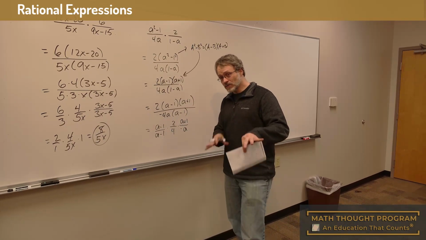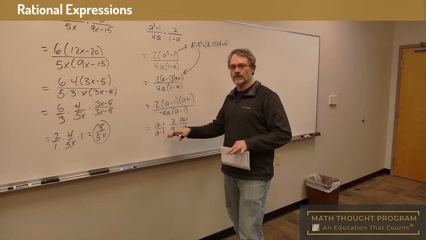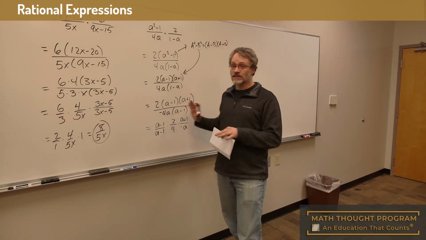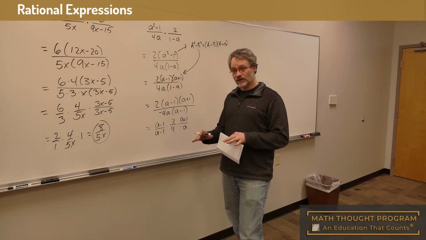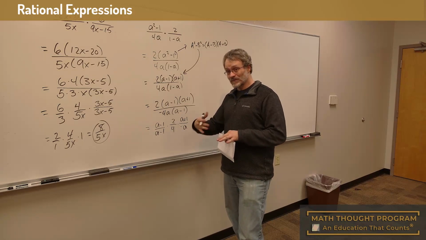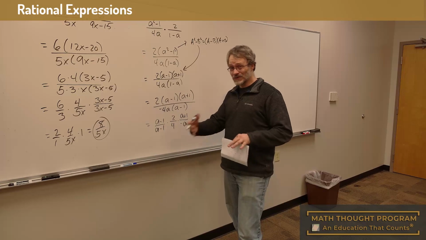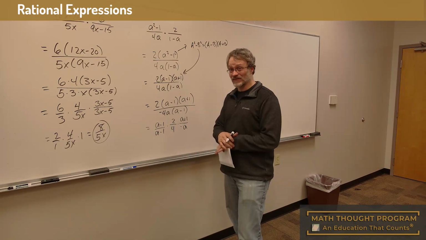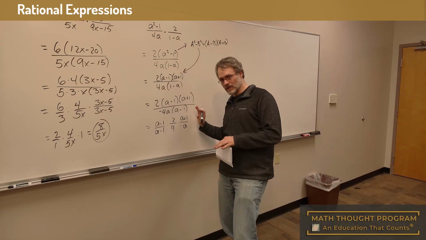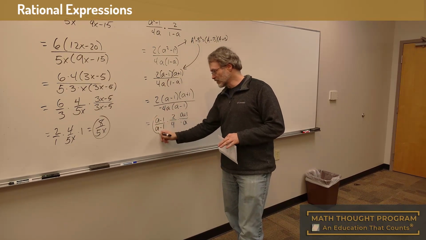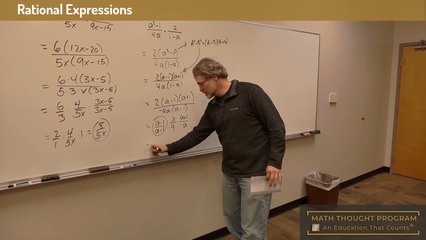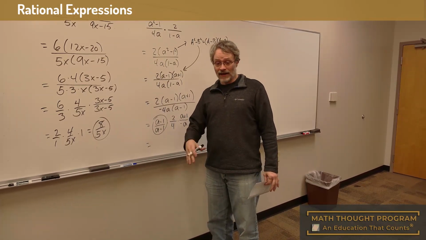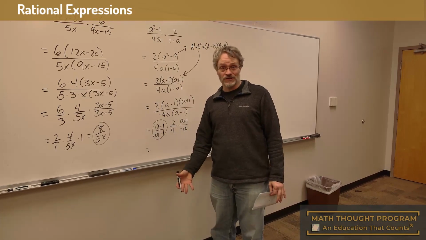Okay, so go ahead and take a moment and see if this is making sense to you. Once again, I'm not crossing things off because I'm trying to get away from those bad habits that we're so accustomed to in high school that cause problems later on in our math classes. I just want to simply push off common factors. And by pushing off the common factors, it's going to help out later on when we're adding and subtracting our rational expressions.